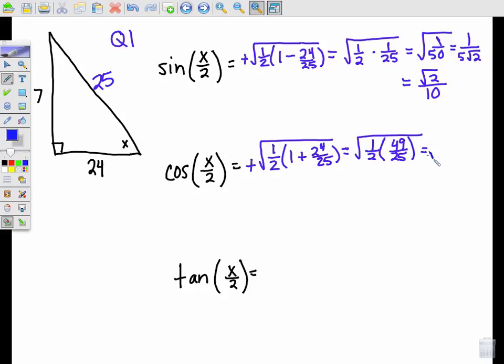This gives me the square root of 49/50, which equals 7 over 5 roots of 2. I'm going to multiply top and bottom by the root of 2, and again, I would get 7 roots of 2 over 10 for my final answer.